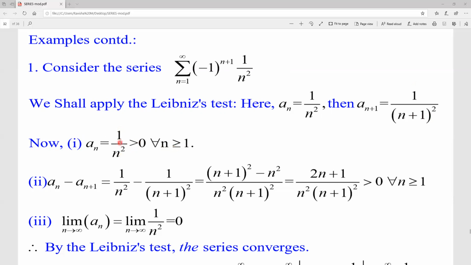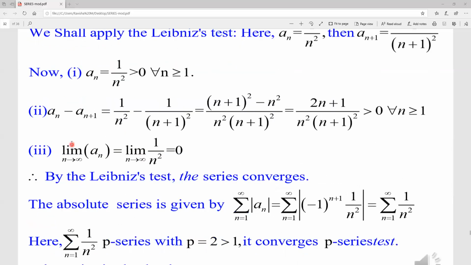Let us take the second condition of the Leibniz test: a n minus a n plus 1. a n is 1 by n square, a n plus 1 is 1 by n plus 1 whole square. Take the LCM, and we get 2n plus 1 by n square into n plus 1 square. This is a positive term for all n greater than or equal to 1. Therefore, the second condition of the Leibniz test is also satisfied.